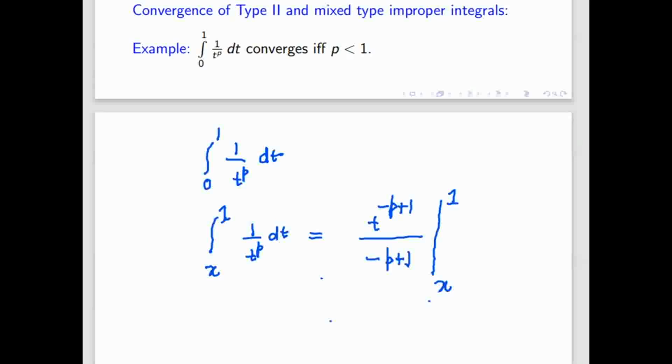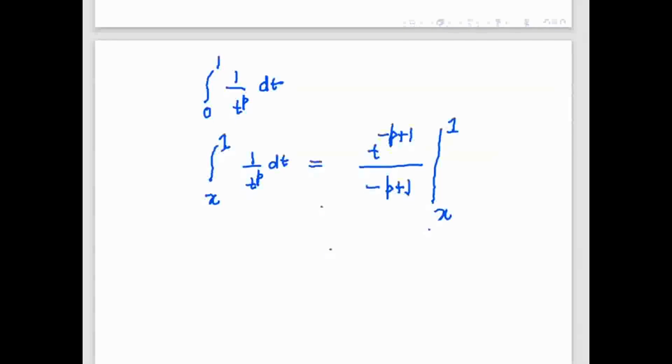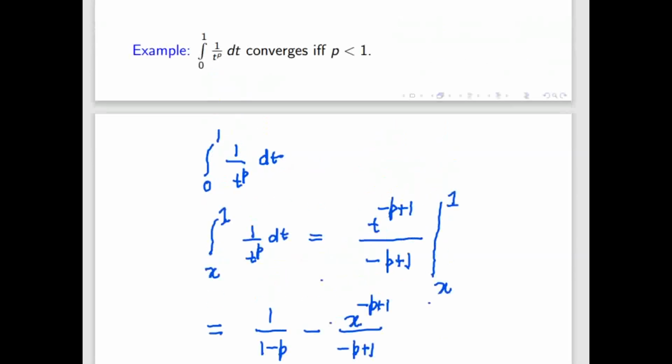Once we apply the limit, what will happen? At t equal to 1, you will get 1 upon 1 minus p, minus, if you put x, it will give x to the power minus p plus 1 divided by minus p plus 1. So when x goes to 0, what will happen?